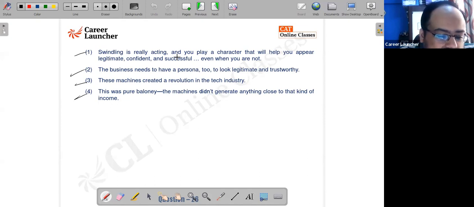Janvi, different answer. Ujjwal, different answer. So maybe there are two options that you have given. For which question? There are two options that you have mentioned, 4 and 3.